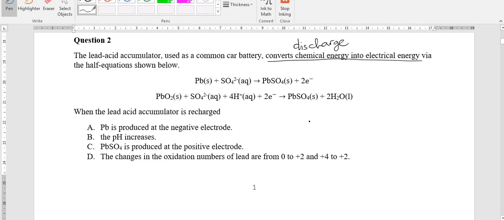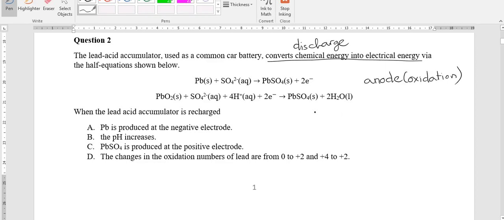Okay, so during discharge, this is your anode, and you need to be able to recognize whether a half equation is oxidation or reduction, and to recognize whether the oxidation is occurring at the anode or the cathode. So this is the anode, electrons are lost, which is oxidation.